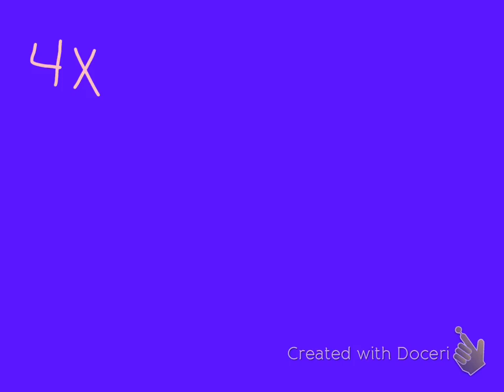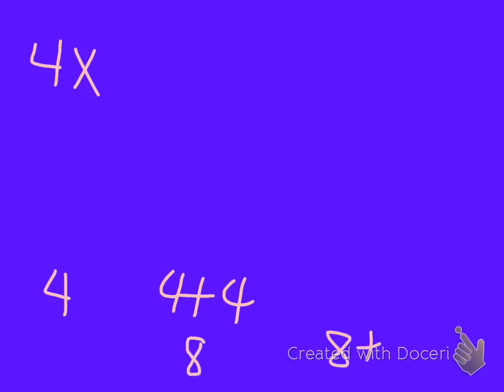4x squared? So if 4 is a multiple of 4, the next one is 8, which is 4 plus 4. The next one is 8 plus 4. So if 4x is the first one, when's the next one?